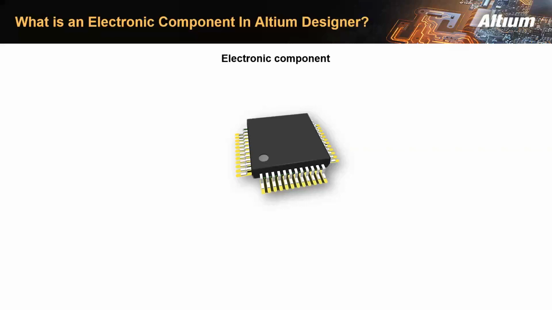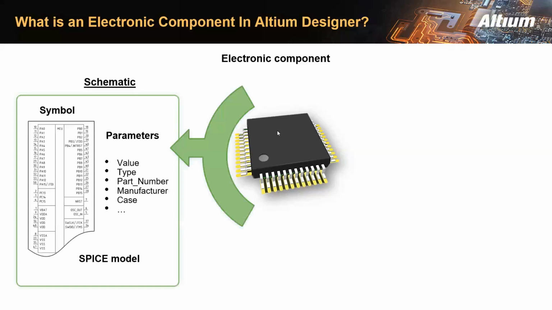So, what is an electronic component? It depends on where the design is in the design process. Once a component is placed in a schematic, it has a variety of aspects that are critical to the entire design cycle. In the schematic stage, the component is represented as a symbol that has a set of pins that are connected to other schematic symbols to represent the circuit design.